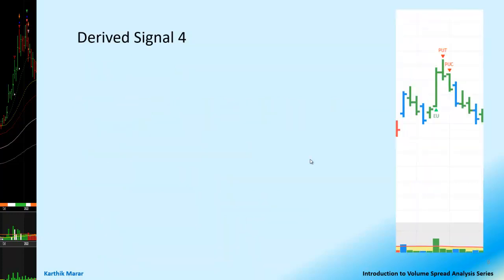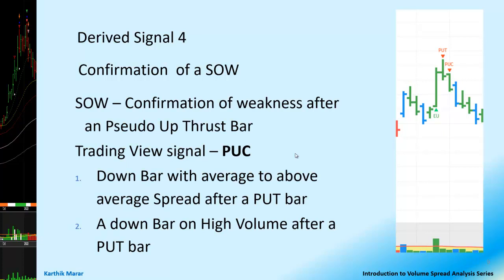The next signal is again a confirmation of NSOW. Here in this case, it's a confirmation of weakness after a pseudo upthrust bar. First we saw a confirmation of an upthrust bar. Now this is a confirmation of weakness after a pseudo upthrust bar.